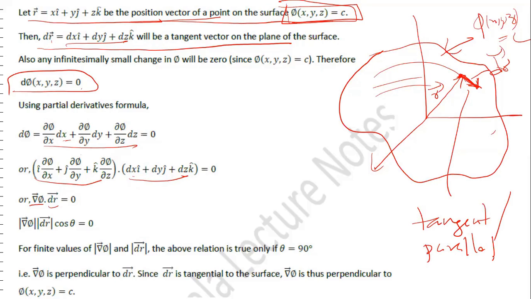Like I discussed, if you take a dot product here, this will be magnitude of grad phi, magnitude of dr into cosine of the angle between them. As you see, the dot product between these two vectors is 0.